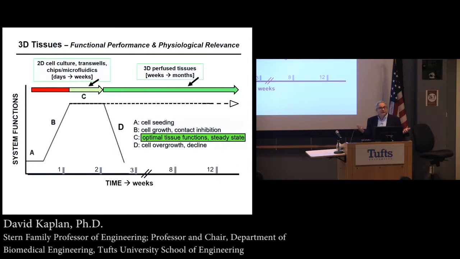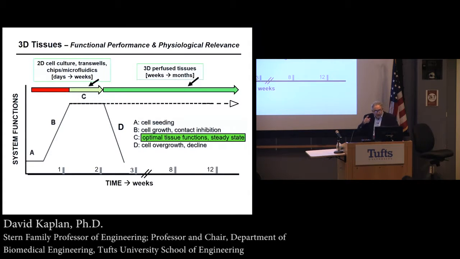C is what we call steady state, right? That's where you want to get your readouts. That's where your tissue is stable, your disease model is stable, and you can start to generate data that may be more relevant to the human condition. And then if you wait too long, D is where things start going south, right? So the cells are starting to die, overgrow, whatever it is, and now the readouts are less relevant.